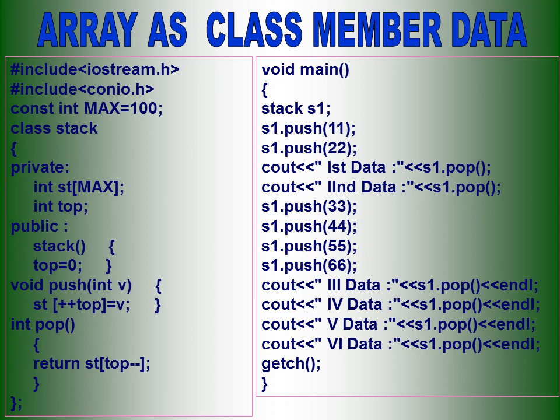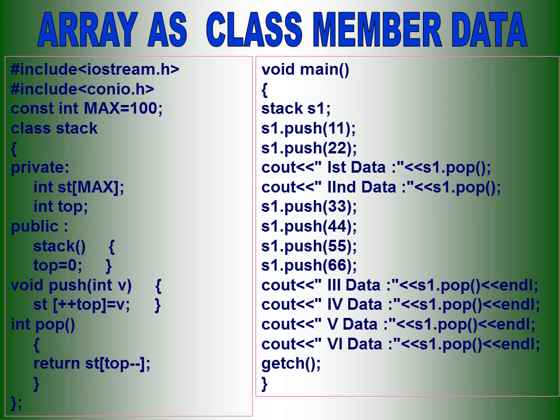Let us see another thing: an array as a member of a class's data. Before this we used normal variables as member variables in the classes, but here we are using an array. We are going to see how we can use the array with the classes, and how it can be referred to with the object. As similar, after the header file we define max equal to 100.